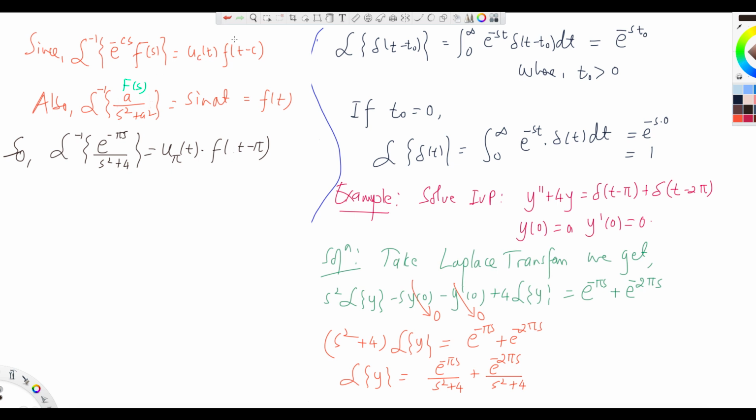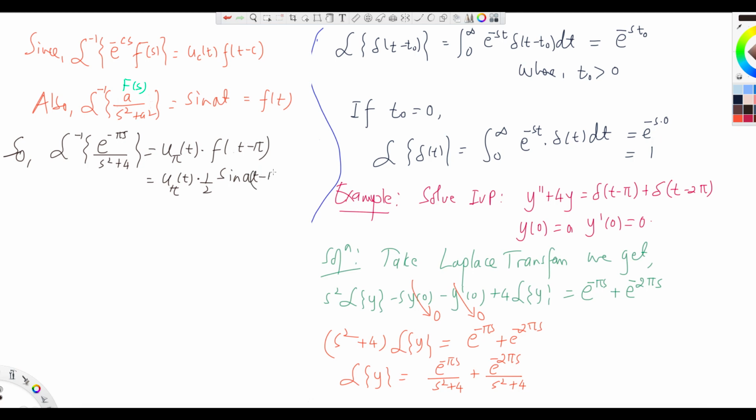Now what is f of t though? The inverse Laplace transform of a over s squared plus a squared is sine at, but we don't have a over s squared plus a squared; we have just 1 over. So we will need 2 on the top, so I will do 1/2. You can write u_pi of t times 1/2 sine of 2t, but t should be replaced by t minus pi.